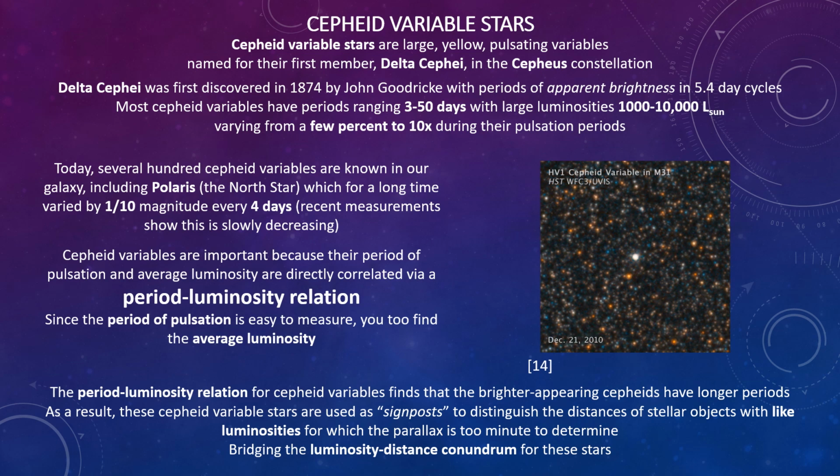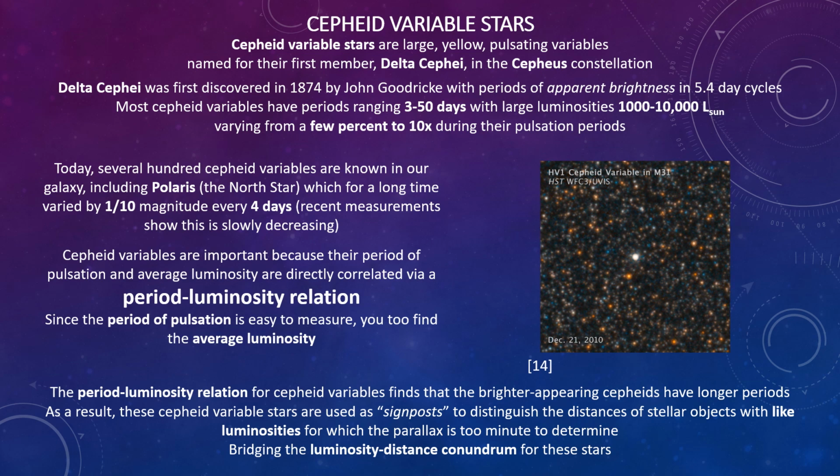Cepheid variables, though, are really important because their period of pulsation and average luminosity are directly correlated via the period luminosity relation. And since the period of pulsation is easy to measure, you can then easily find the average luminosity. The period luminosity relation for Cepheid variables finds that the brighter appearing Cepheids have longer periods.